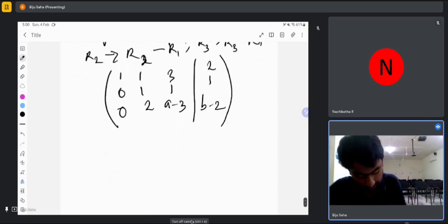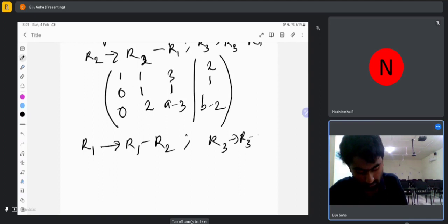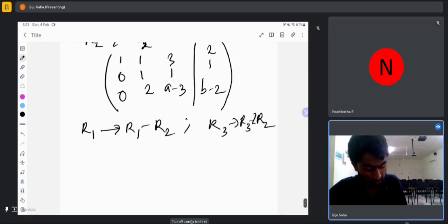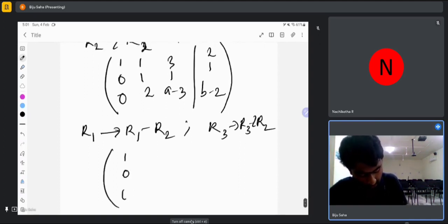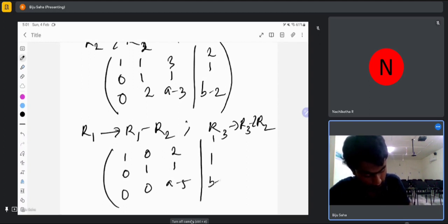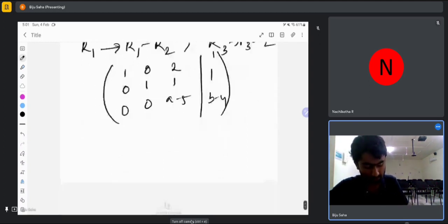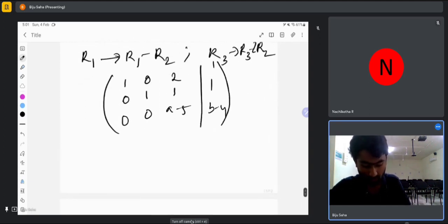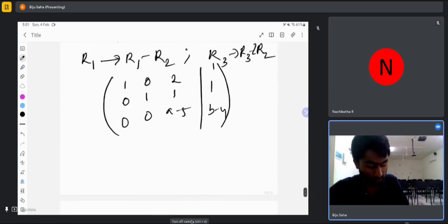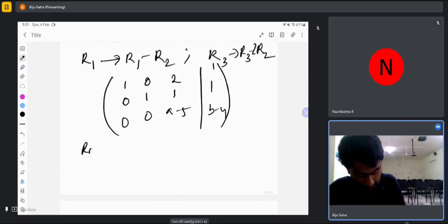Now on the second row also we'll perform row operations with the help of the second row. So that will make the entries in the second column 0 except the 1. So now look into this. This is now a row reduced form.